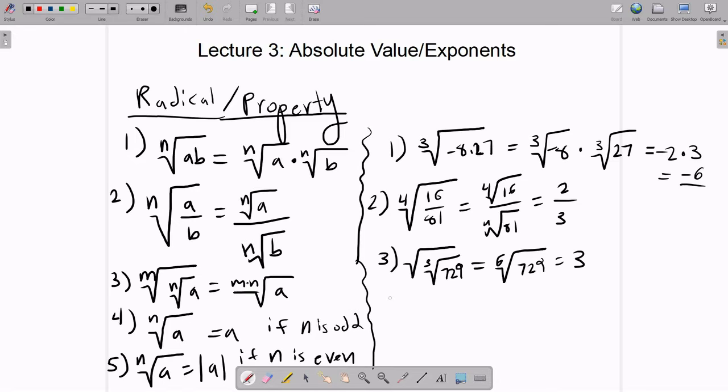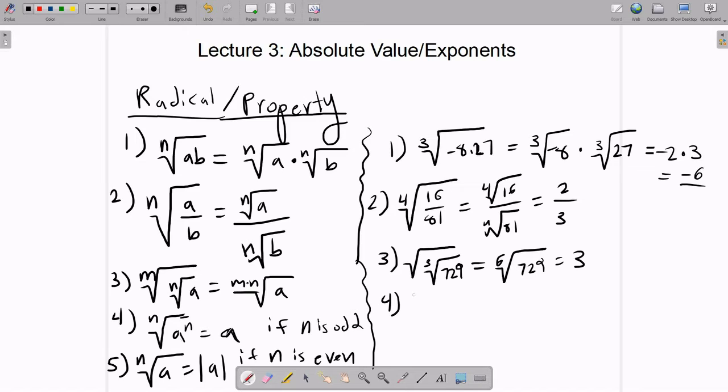The fourth is taking the cube root of negative 5 to the third power. So let's do a to the n equals a.